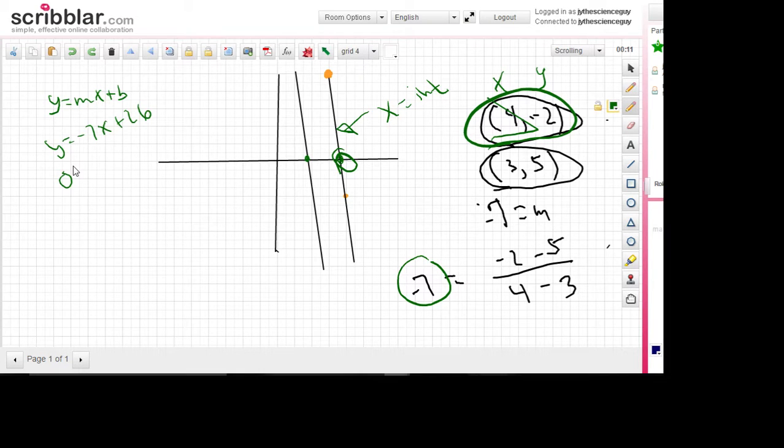The easiest way to graph them is by using the intercept formula. So find the x and y intercept of both equations. That's the easiest way to do it.